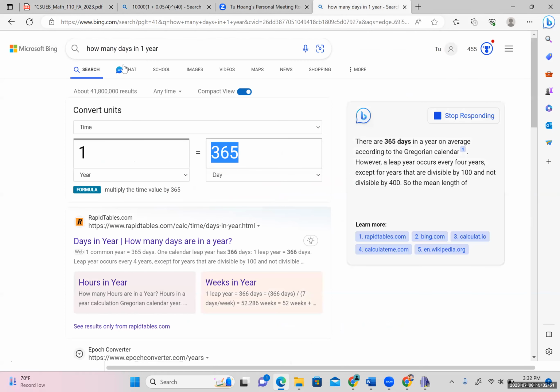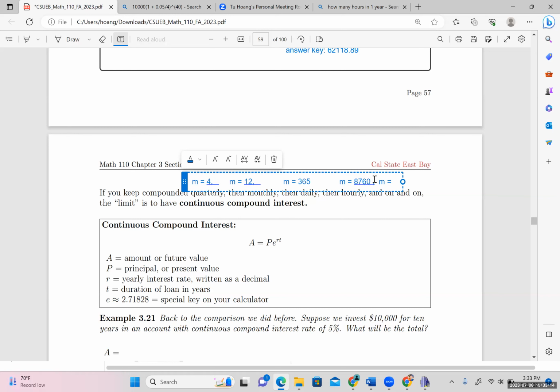That means if I have m equal to a very big number, such as positive infinity, then it indicates that you compound so many times in a year, right?